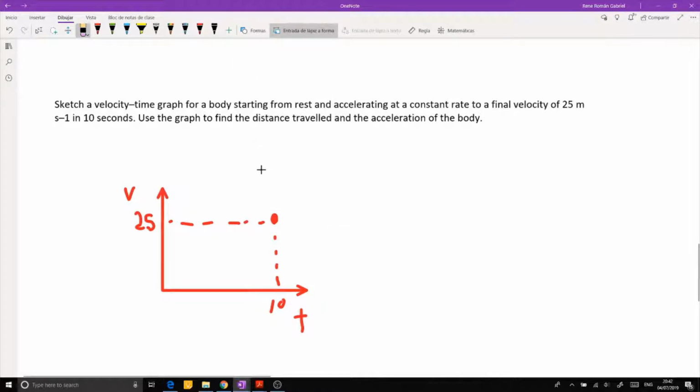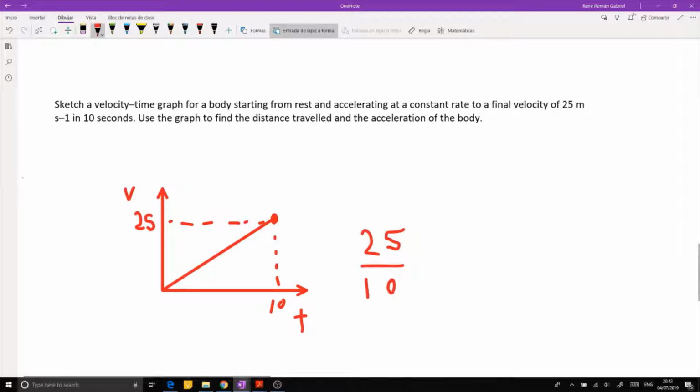And now that we already have our straight line, the way to calculate acceleration and the distance. So acceleration is really easy. All you gotta do is the final velocity, 25, and then just divide it by the time. Now, if they told us that it started with a velocity, we would have to subtract that from the 25.